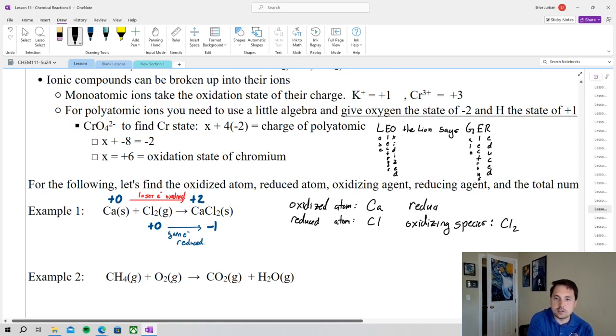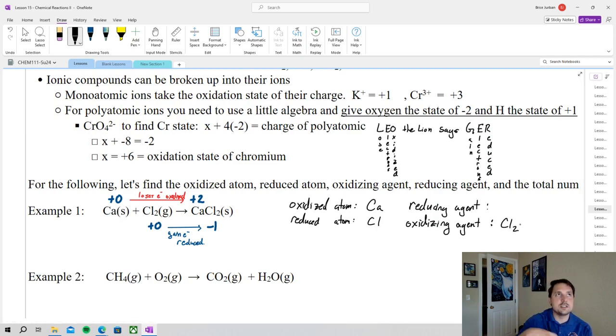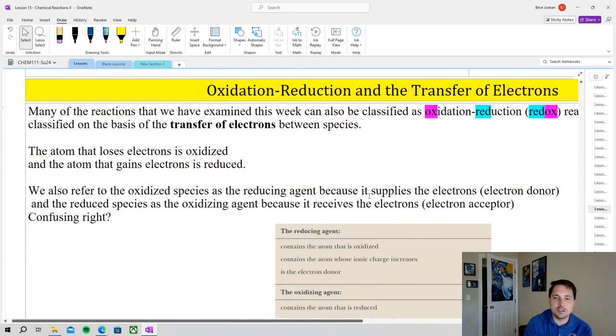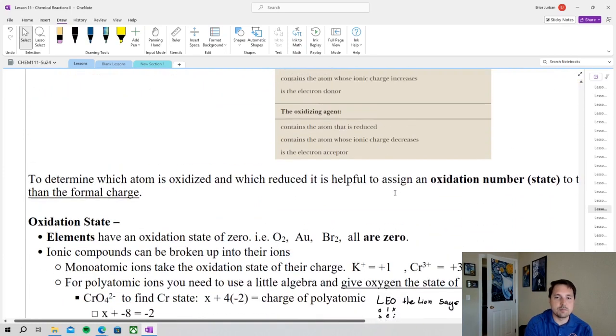And then the reducing species. Oh, well, actually not species. We'll just say agent. I like that word better. Reducing agent. It's hard to explain. That's the species that supplies the electrons.